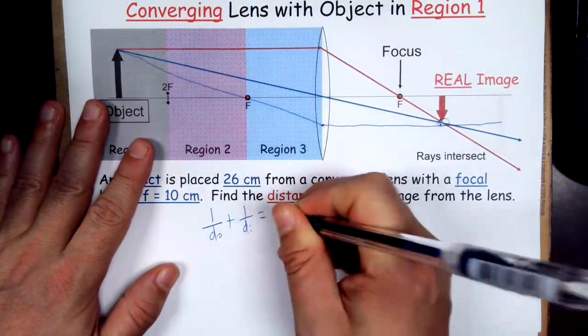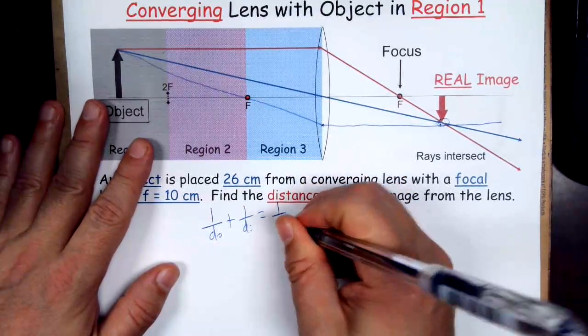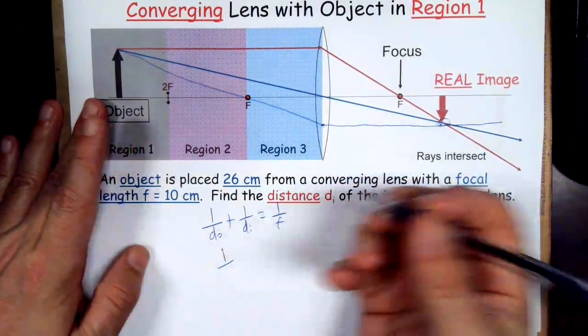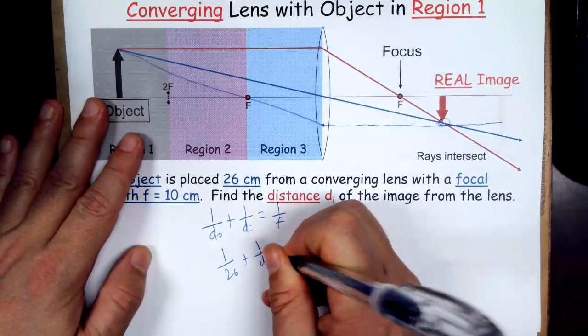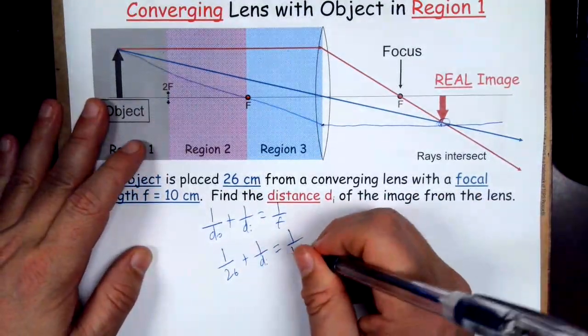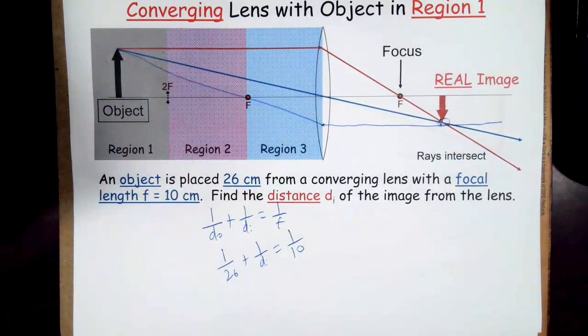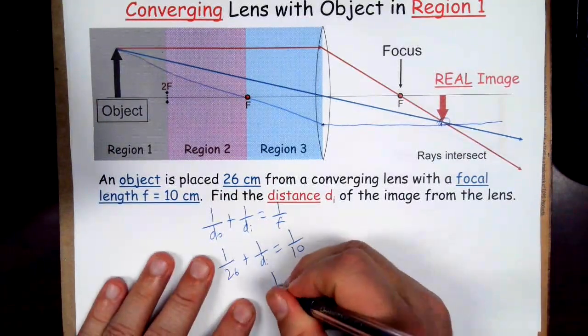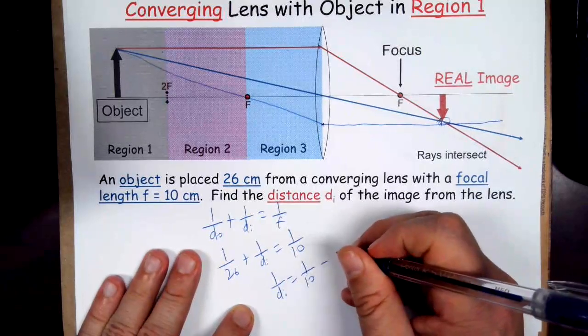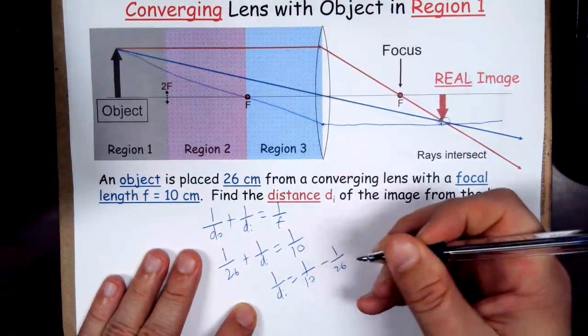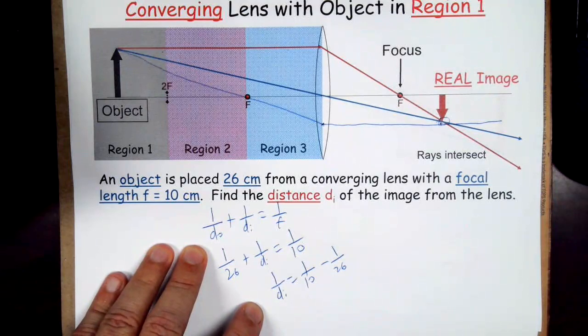So 1 over di plus 1 over do is equal to 1 over f. The object is 26 centimeters, and the focal length is 10. Probably this one requires a calculator, so this becomes 1 over 10 minus 1 over 26 is equal to 1 over di.